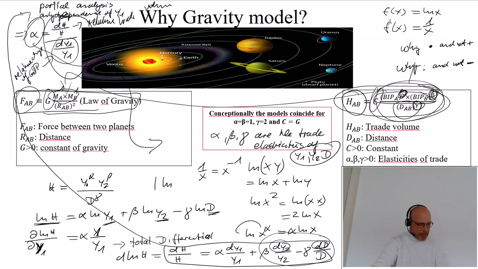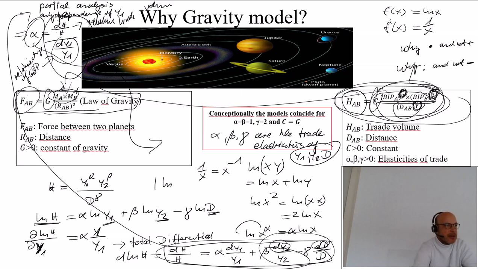And the last point, which I explained down here, is that we can interpret these exponents very nicely as the trade elasticity of these variables when we take the log derivative of this whole function.